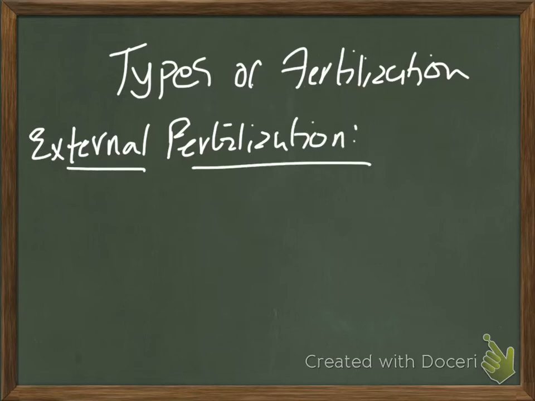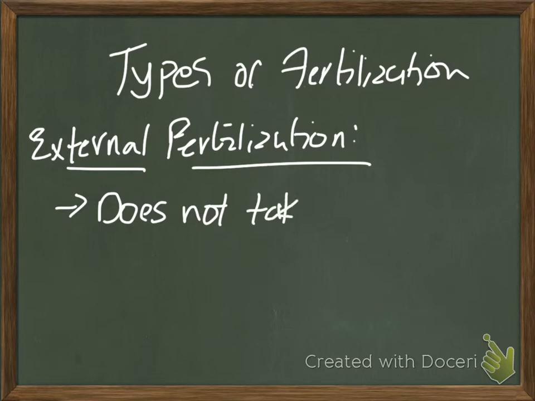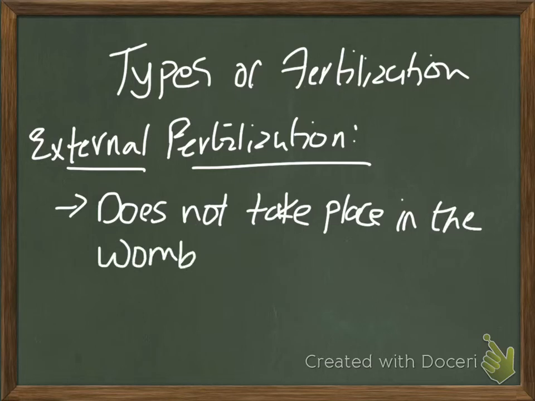External fertilization is the process where fertilization does not take place in the womb of the mother, but takes place externally. Some animals like birds, alligators, etc. use external fertilization.